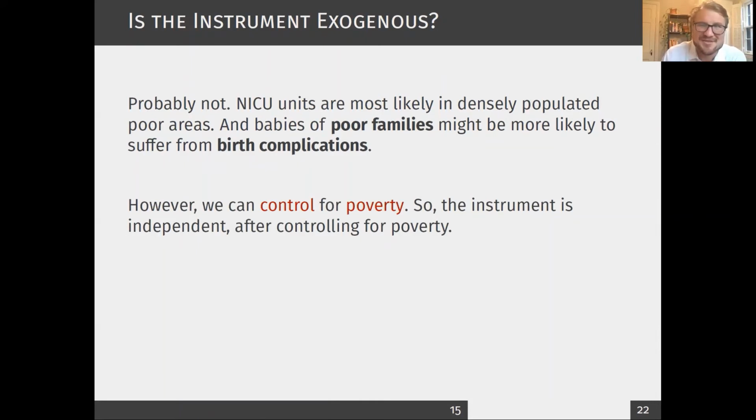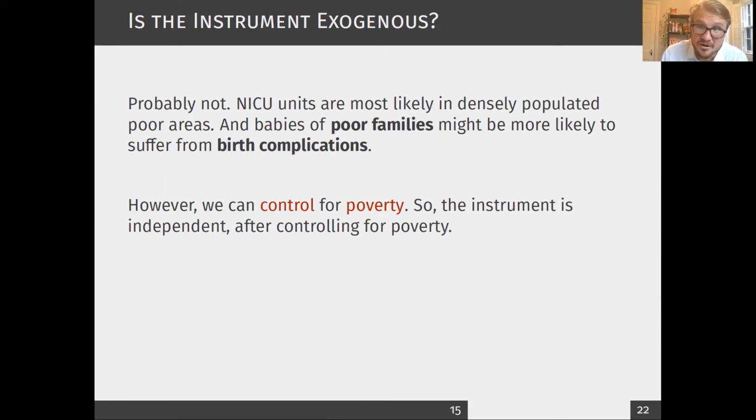But, and here's the tricky thing, which is genius and a little bit tricky to think about, even though our instrument might not be exogenous because it might be correlated with poor families, we can control for that. We can control for the poverty where somebody comes from. And so the instrument would be independent, conditional on poverty.